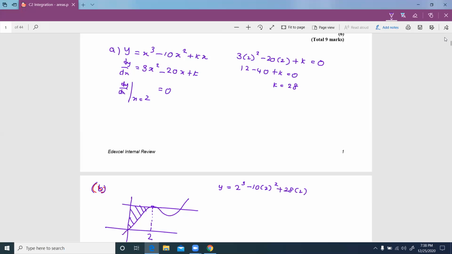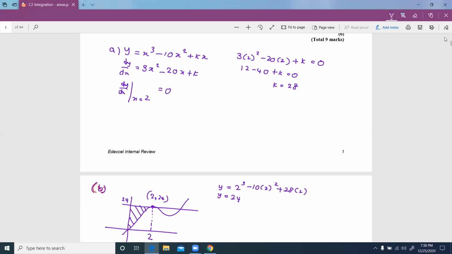If you work it out, 2 cubed is 8, minus 10 times 4 is 40, plus 56. So this answer becomes 24. So the y coordinate is 24. That means the coordinate here becomes (2, 24).